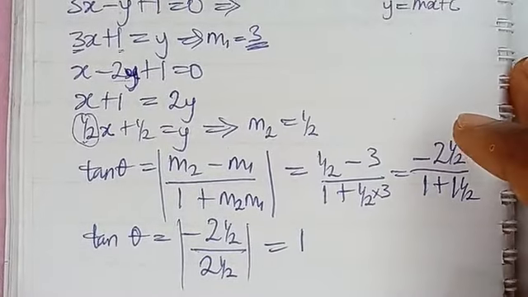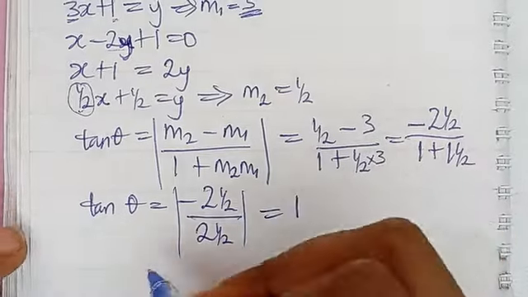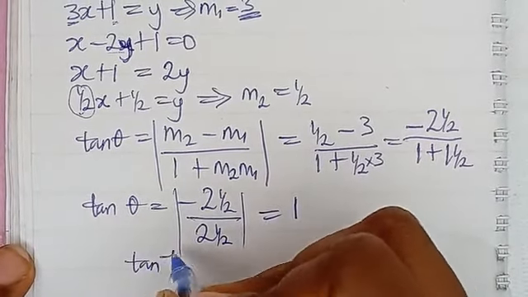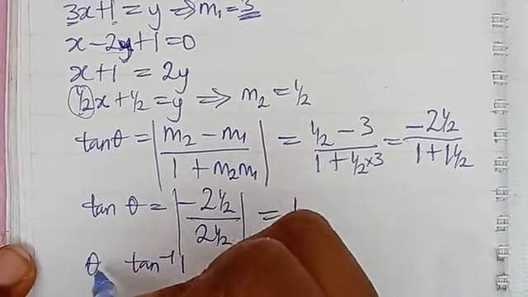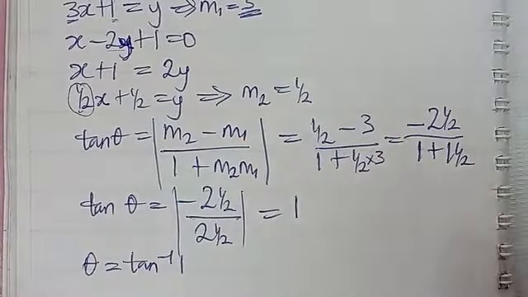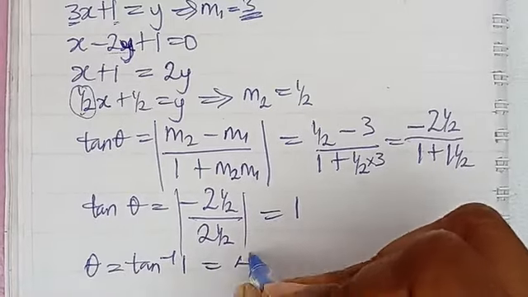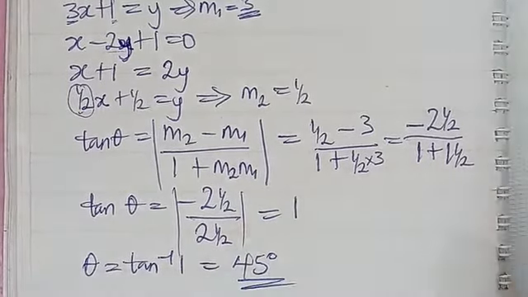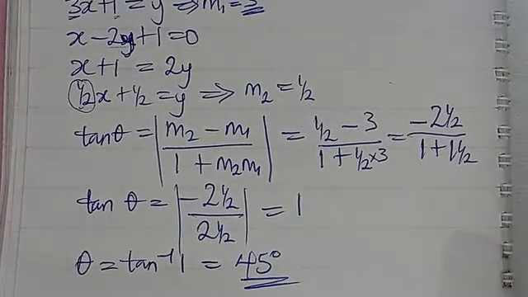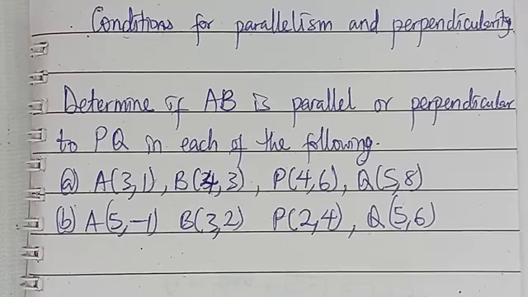So all we have to do is find the tan inverse of 1. Tan inverse of 1 is equal to the angle between those two lines, and it's equal to 45 degrees.